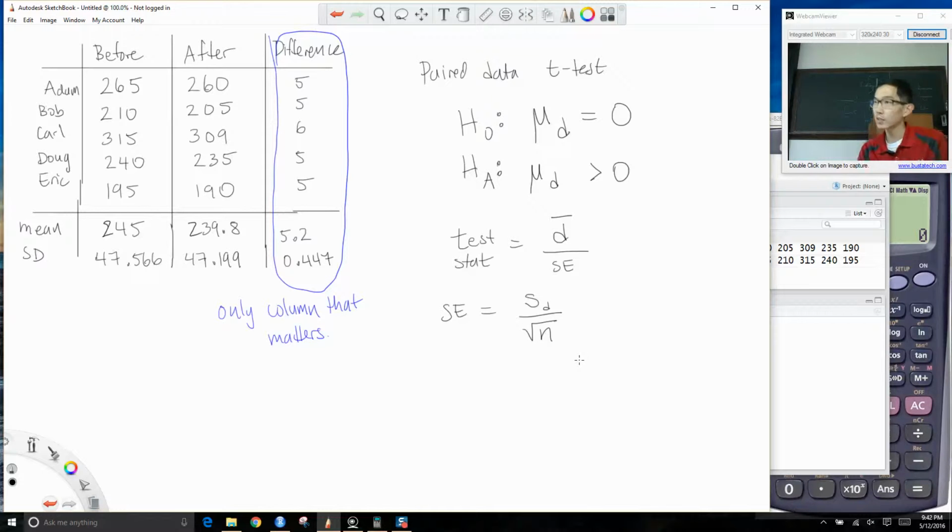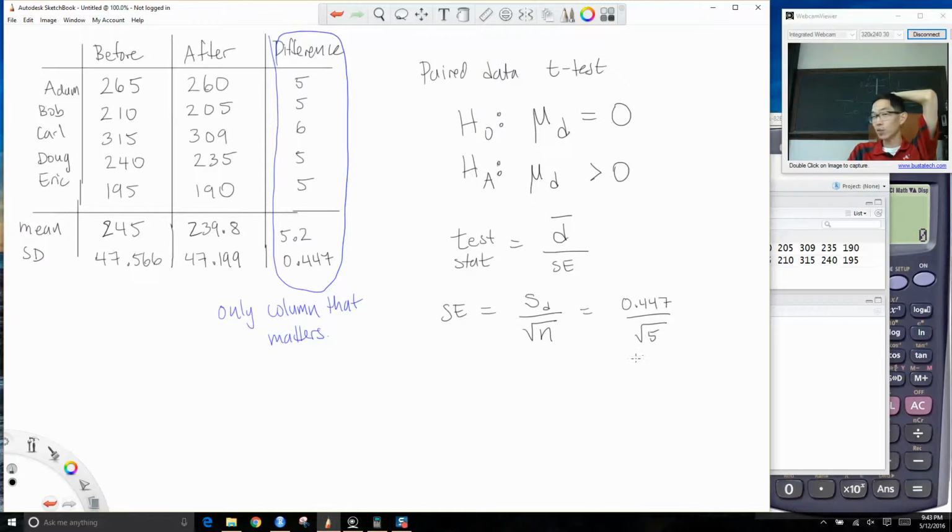Okay. So this should look familiar, s over the square root of n. Okay, and so our standard error is going to be 0.447 divided by the square root of 1, 2, 3, 4, 5, okay? And again, because there's only one column that matters, now it's just the square root of 5. It's not 10 or anything like that, okay?